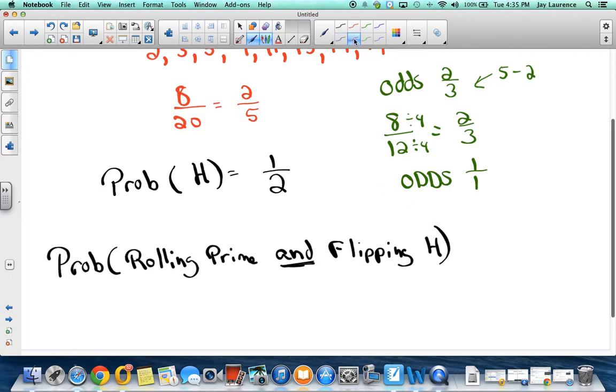Well, if you know the probability of rolling the prime was 2 out of 5, and the probability of flipping a head is 1 out of 2, then you can multiply your two probabilities together, and that will get you the probability of both events happening. What did I just use there? The fundamental counting principle. By the way, I love to divide first, simplify first. So 1 times 1 is 1, and 5 times 1 is 5. And so the probability of both events happening at the same time would be 1 out of 5.